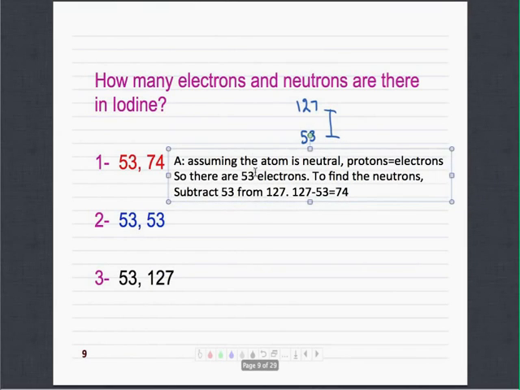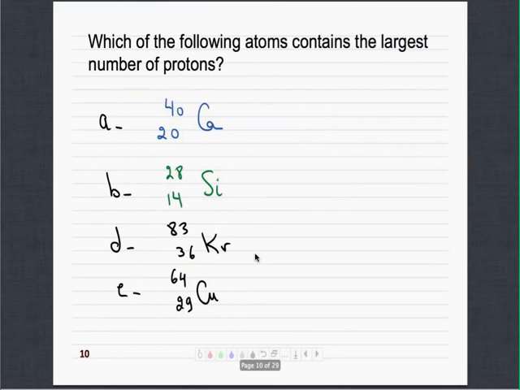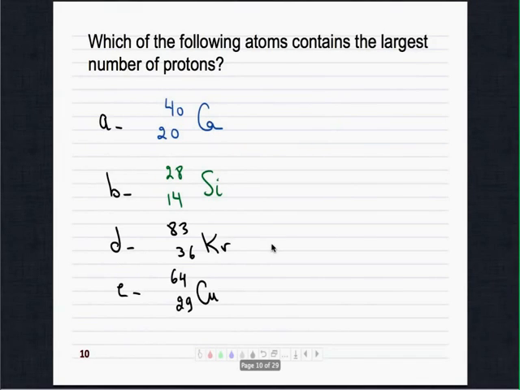Okay, let's do this one. It's going to be A, B, C, D, so refresh your iClicker because it's still a 1, 2, 3 system. So which of the following atoms contain the largest number of protons? Again, I'm going to stop it at 1 minute.